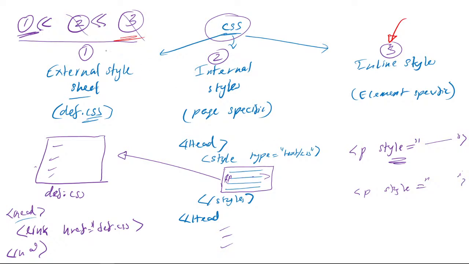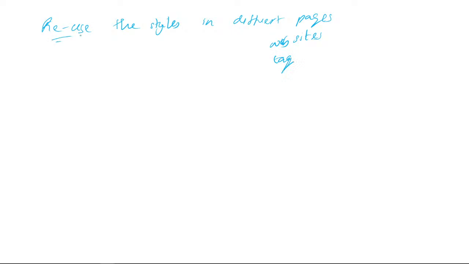If you use external style sheets, you can have the same set of styles in different web pages or websites, right? Reusability: we can reuse the styles in different pages, or even in different websites, or in different tags at the least, right? So reusability is one big advantage, and we can keep this in a very consistent way.